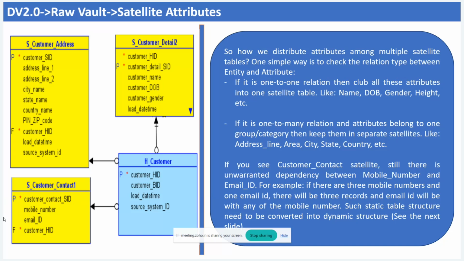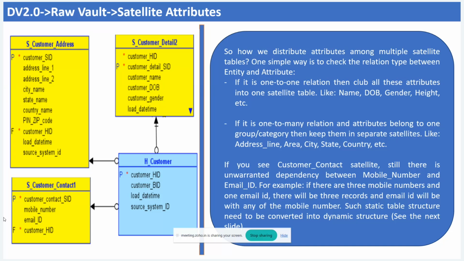That is the simplest way, but it can be distributed. Suppose these one to one attributes are too many, like 30 or 40, then you can think of grouping. Maybe you find there are 10 attributes which belong to one group or category; you can put them in one satellite, and another group in another satellite table, so that you can distribute. It depends on the modeler.